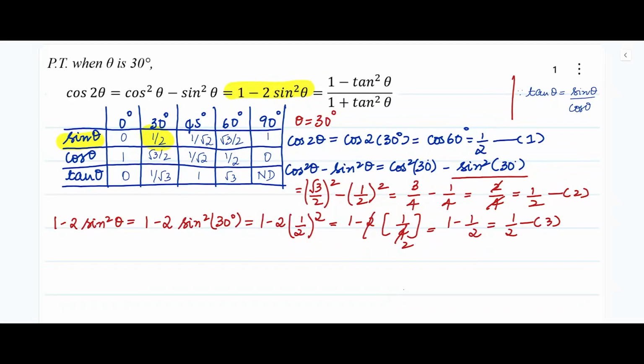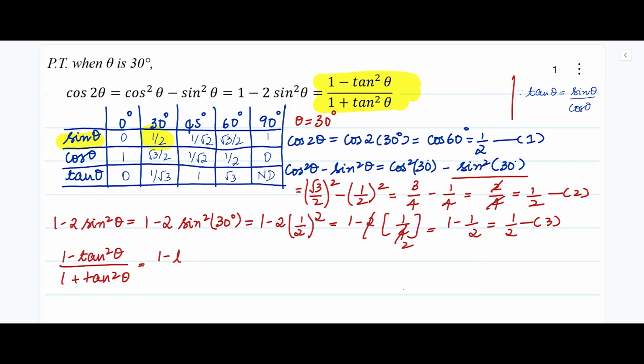So far, we can see that our equation 1 is equal to our equation 2, which is equal to our equation 3. Next, our last equation is (1 minus tan square theta) whole divided by (1 plus tan square theta). Here we substitute theta as 30 degrees.